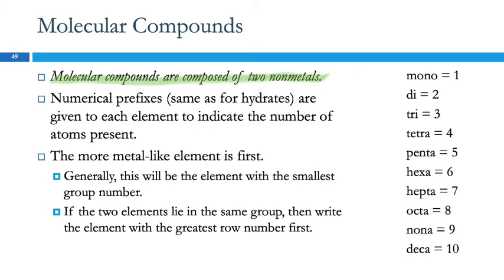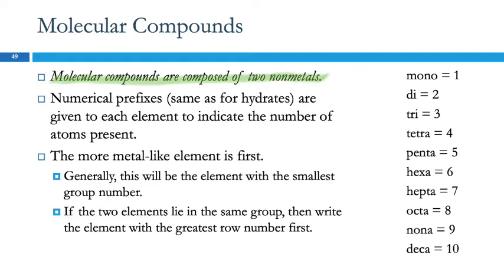So for molecular compounds, we use numerical prefixes, and those are the same as the hydrate prefixes. And we put the prefix in front of the element's name to tell how many there are. So you look at the formula, and it's the subscript after that tells you how many. In the name, it's the prefix before.